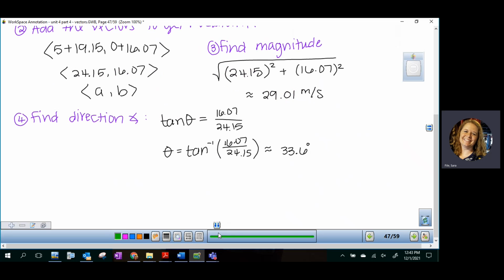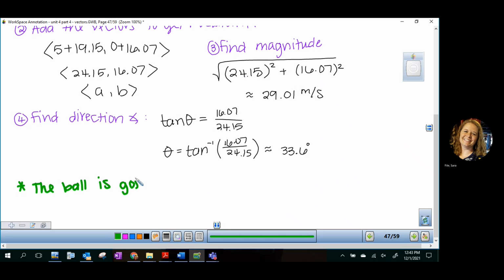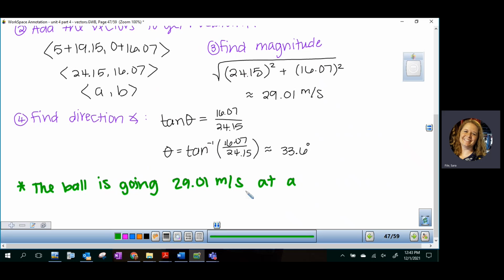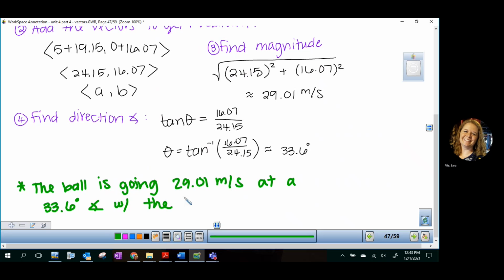I'm going to give it in the context of this problem. I'm going to say the ball is going 29.01 meters per second at a 33.6 degree angle with the horizontal.